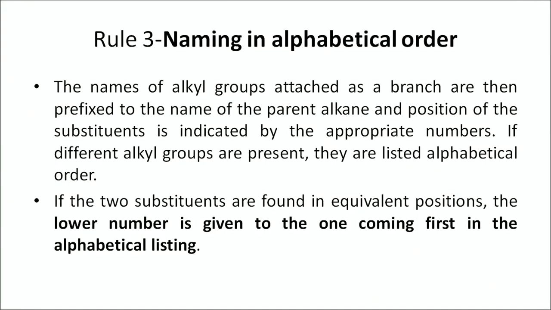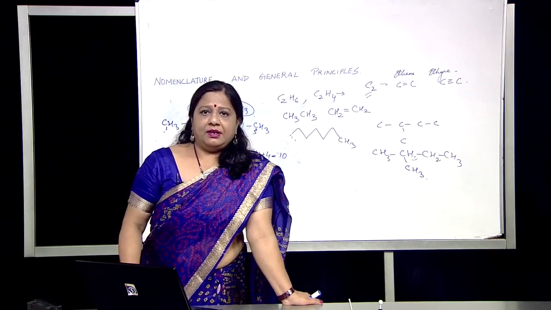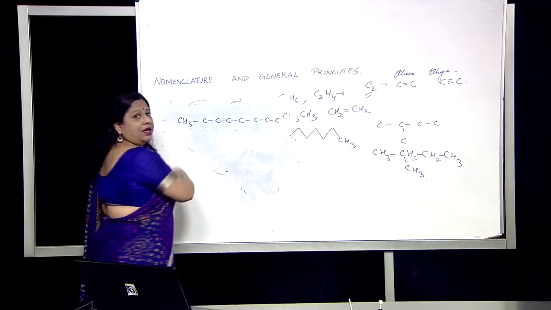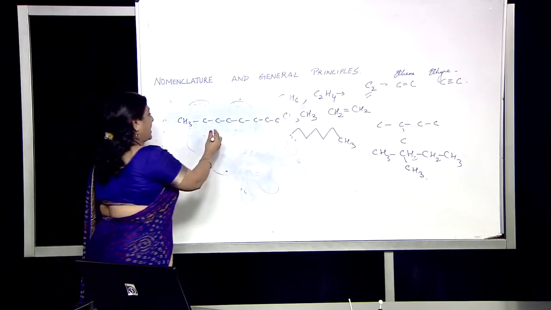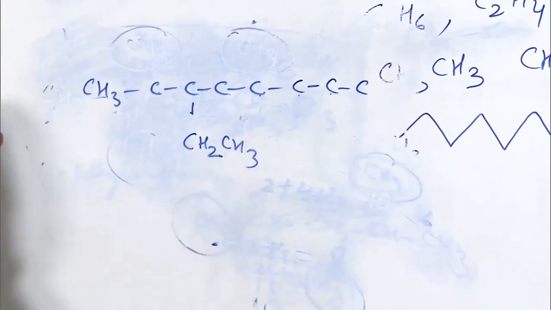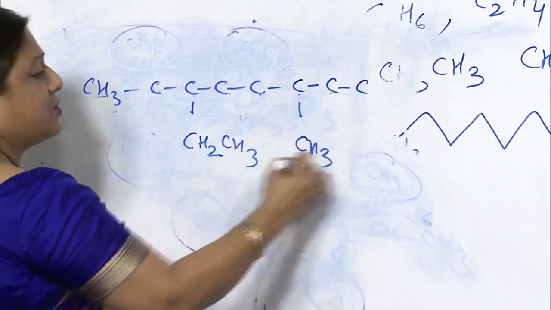Rule number 3: we have to name the organic molecule in alphabetical order. Whichever comes alphabetically first, we will take that and name it. For example, the molecule is given here. Now I have one branch at 3, a group CH2, CH3, and another branch here at CH3.